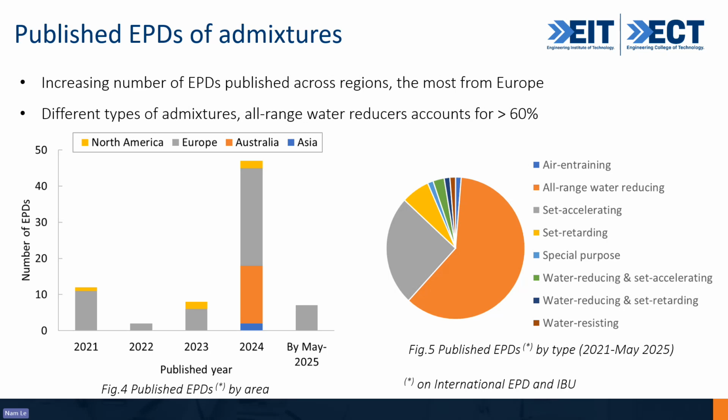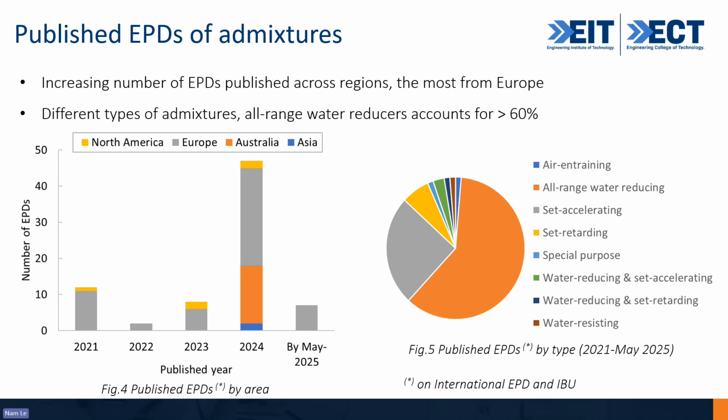And if you can see in figure 5 here, different types of admixtures are published. Of course, the most widely used admixture is the water reducing admixture. It can be the low range, the mid range, or the high range water reducing admixtures, right?